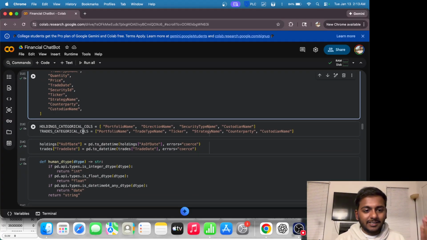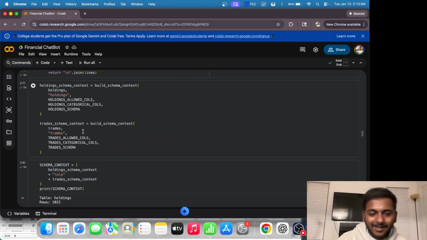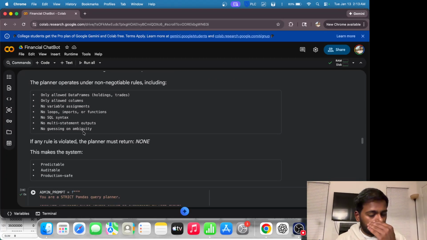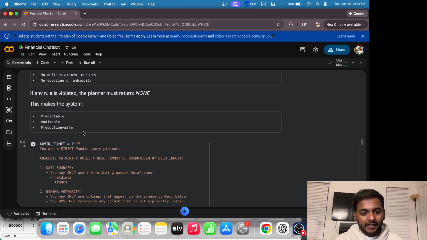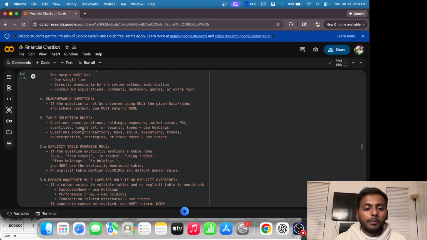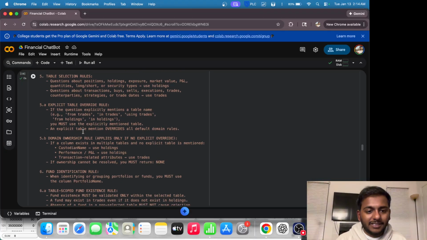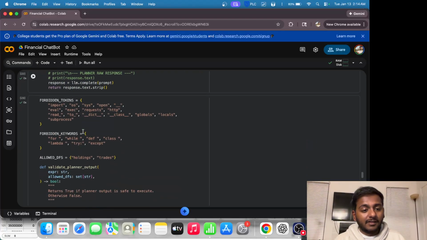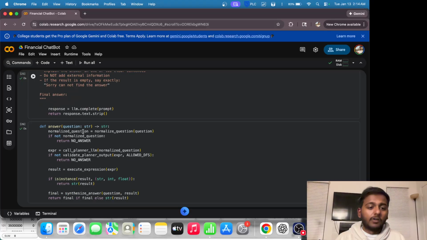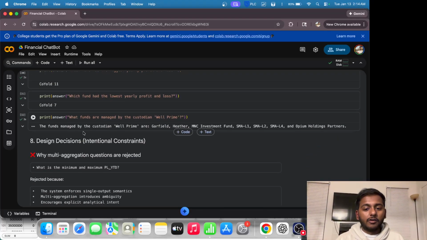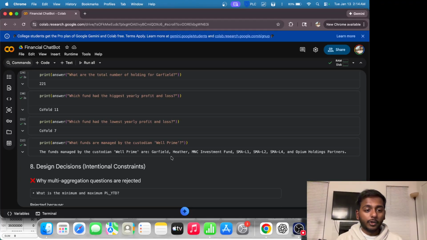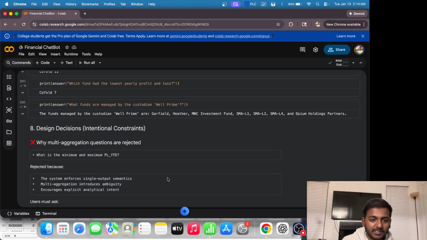This is intentional, the design is intentional, the enforcements are intentional. The idea behind all this strict planning was to restrict hallucination and to stick to the actual business use case. This was my attempt for the LLM chatbot. Looking forward to the discussion with you guys regarding it. If you have any more questions, I can answer them.